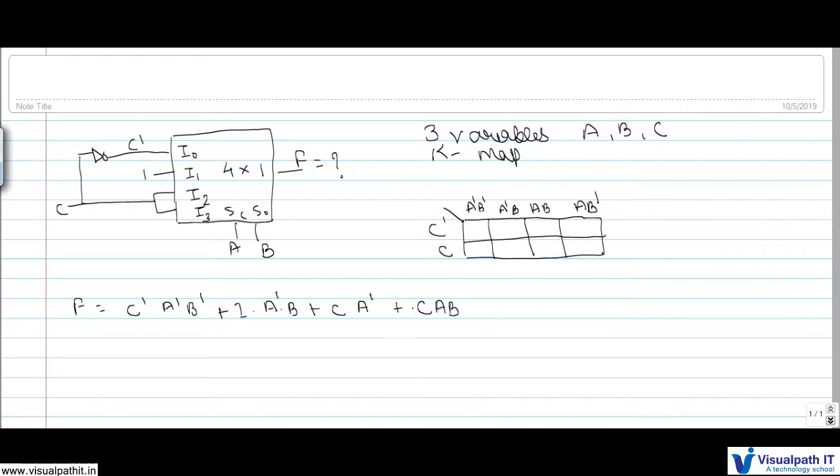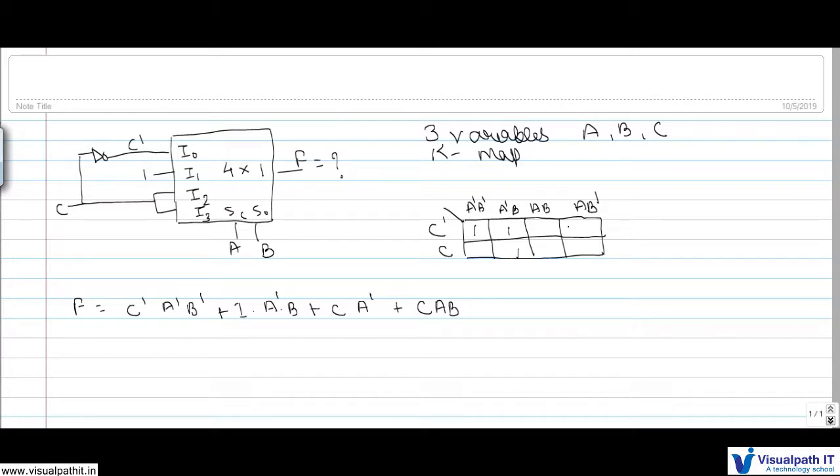Now I will try to shorten this. So first one is C dash A dash B dash. So this will be 1. Now the other one is A dash B. So these both will be 1.